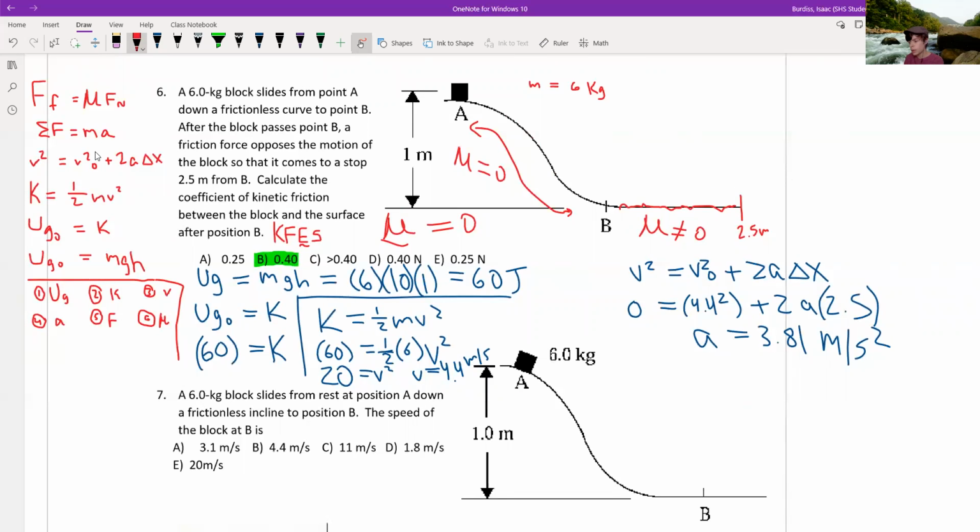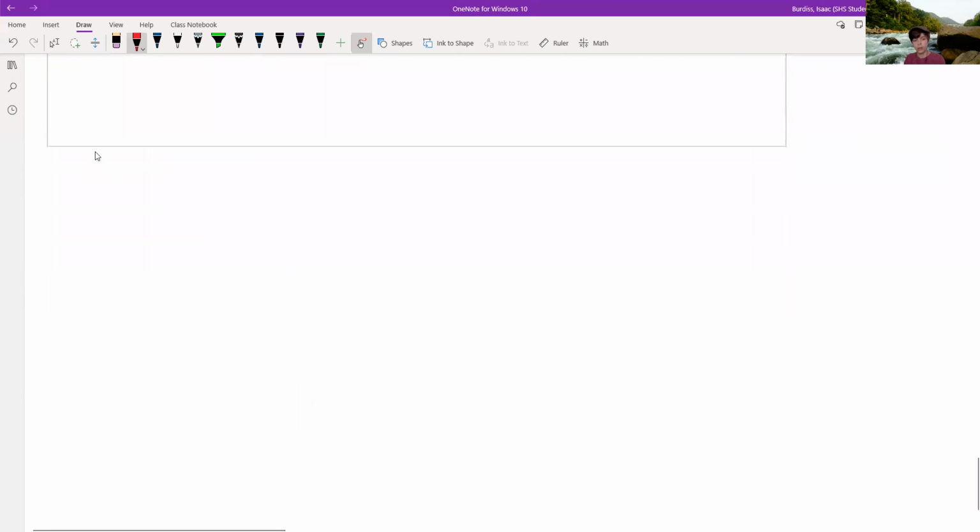I wanted there to be a problem on this for work, like actually using the work equation. There's just been energy. So let me try to find one real quick. I'll just scroll down to the bottom right here.